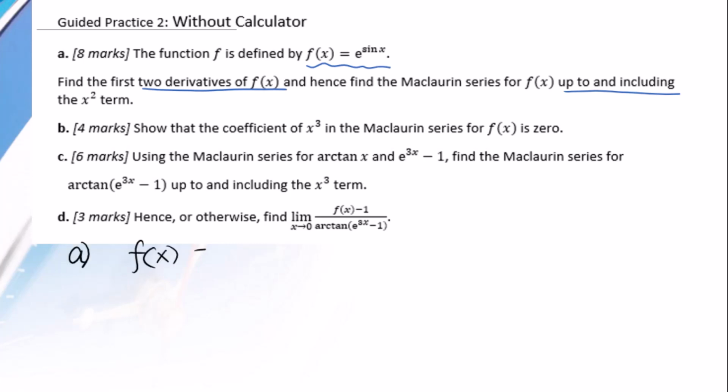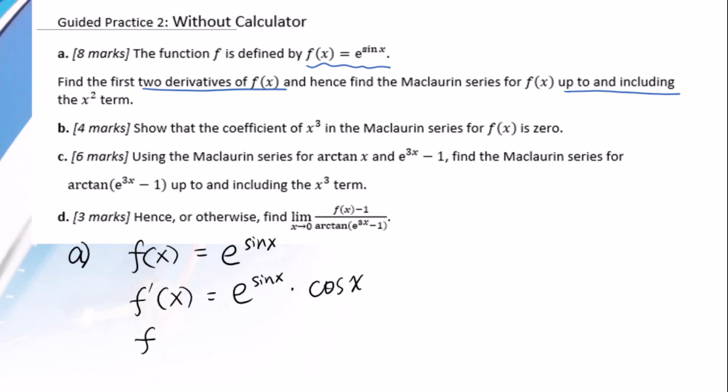f of x equals e to the sin x power. f prime of x equals e to the sin x power times cosine x by chain rule.